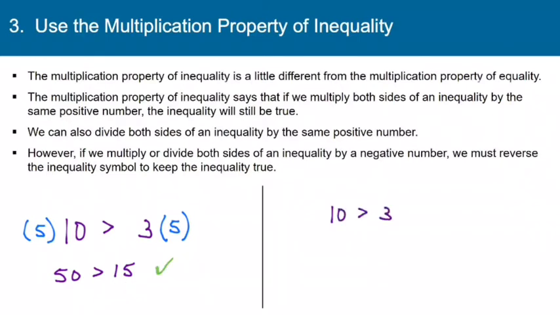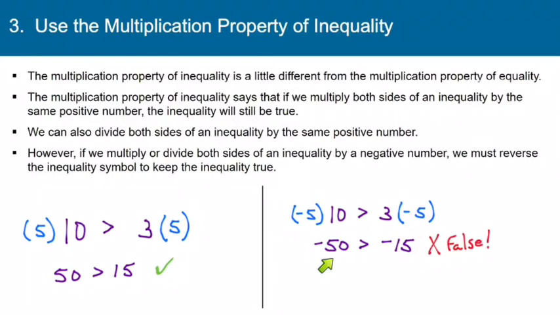But if I take the same inequality and multiply by a negative number, then what I get is that negative 50 is greater than negative 15, and this is not true. Negative 50 is actually much smaller than negative 15. So this is false, and that's why if we multiply both sides of an inequality by a negative number, in order to keep this statement true, we have to reverse the inequality symbol, like this.